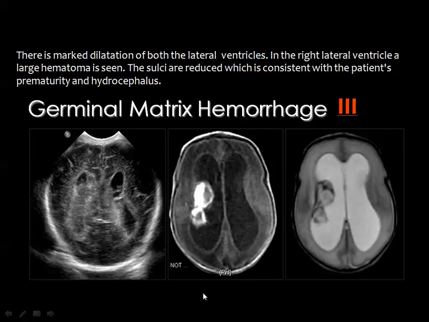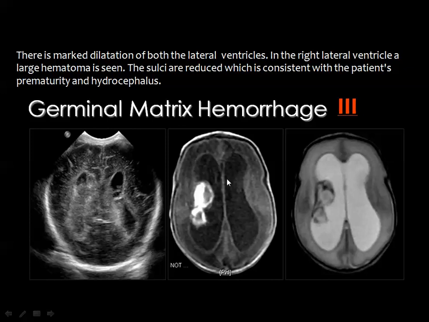And this is also an example of germinal matrix hemorrhage grade or type 3 by ultrasound and by MRI T1 and T2 weighted images. In the ultrasound, the ventricles are dilated and they contain echogenic blood.